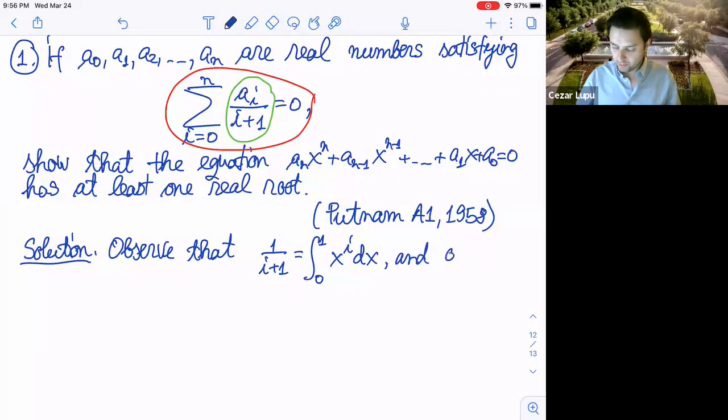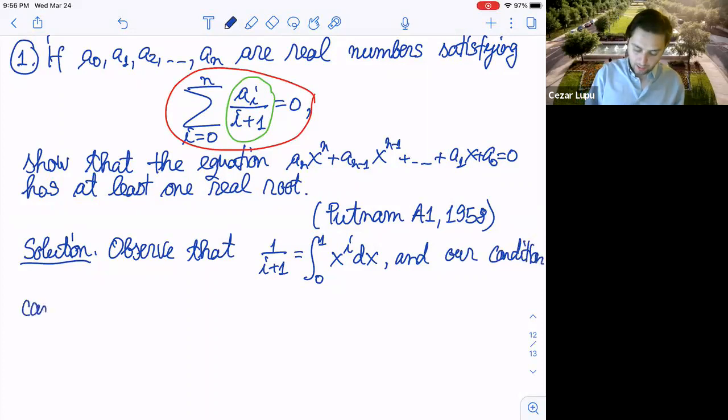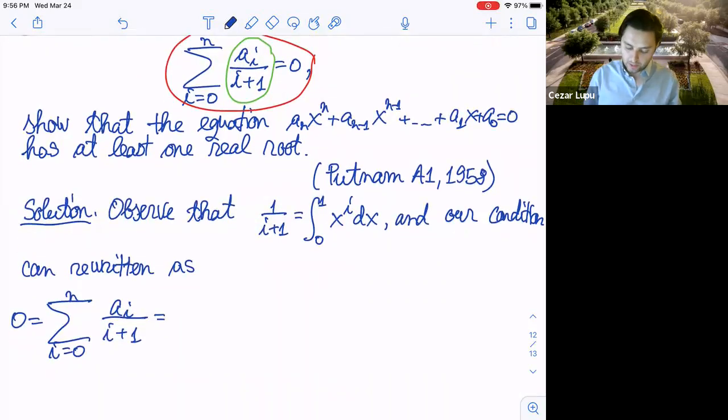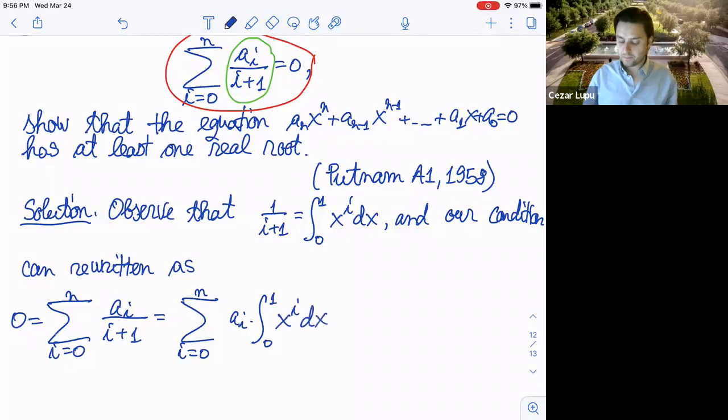And our condition can be rewritten as, so let's write it in this way: 0 is the sum from i equals 0 to n of a_i over i plus 1. So we can write this as the sum from 0 to n of a_i times the integral from 0 to 1 of x to the power i dx.